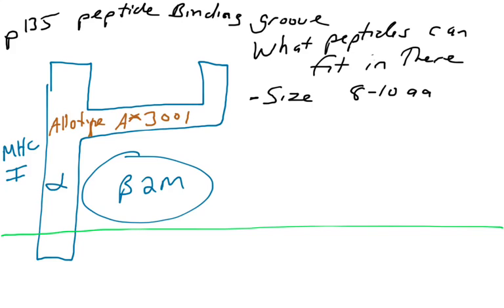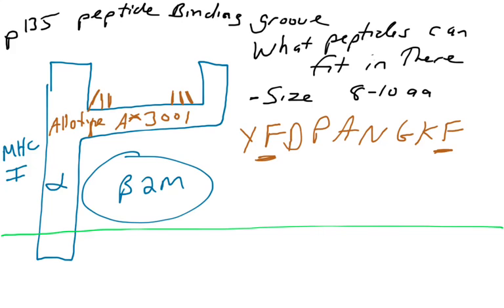So let's go and look at that a little more closely. So here's now the allotype A3001. So it's still an MHC class 1 alpha chain, right? But the amino acids encoded for it in this allele or this allotype will allow only peptides that have the phenylalanine at positions 2 and 9 to be loaded into it.